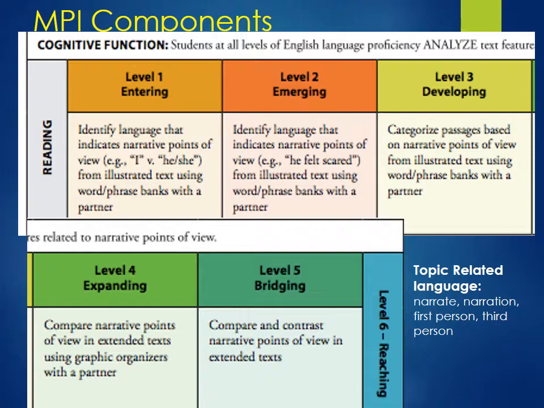So that's 2 supports. At level 3, perhaps not extended text any longer, but illustrated text, and then using word and phrase banks with a partner. So you can see how all of these have been differentiated to support that student to show what they can do with the language that they have available to them.